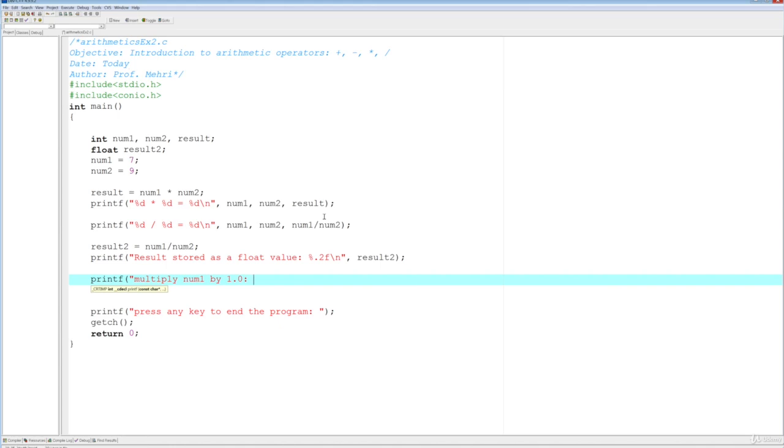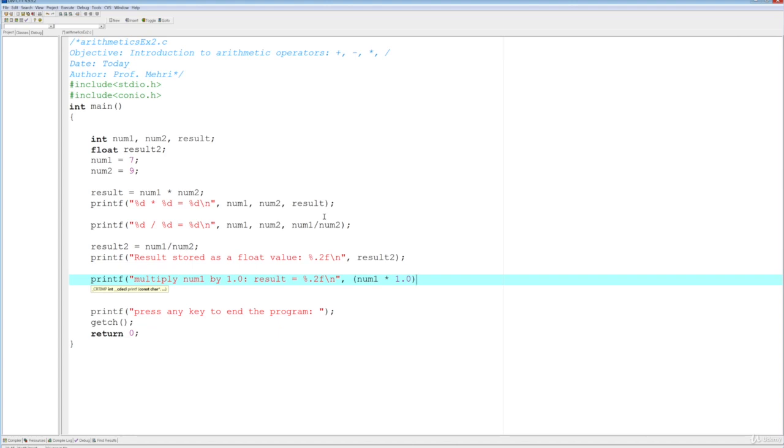So result equals, and that would be a %f. We want the result to come out as a float, %.2f \n. And here's what you're going to do. You're going to take num1 times 1.0.